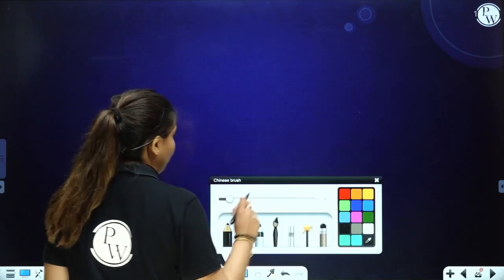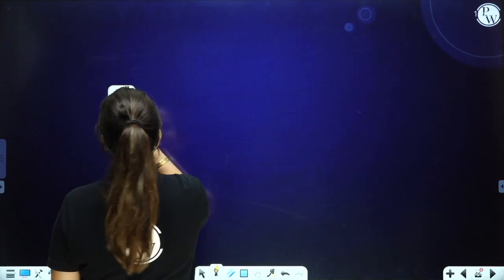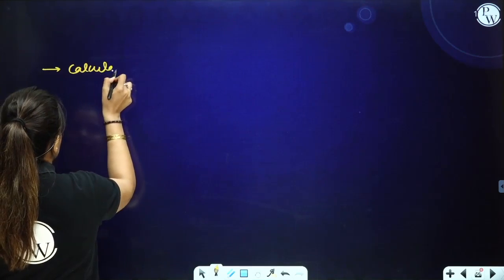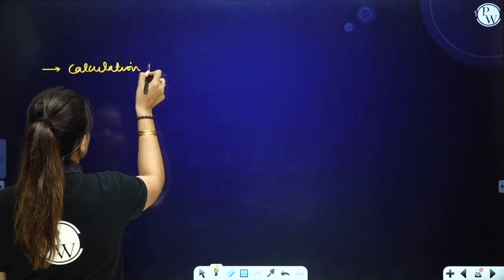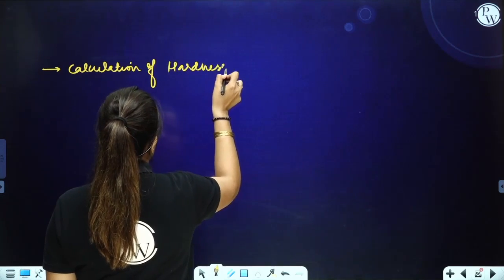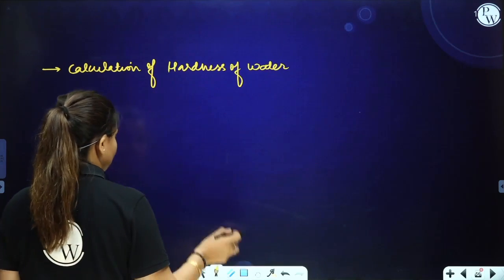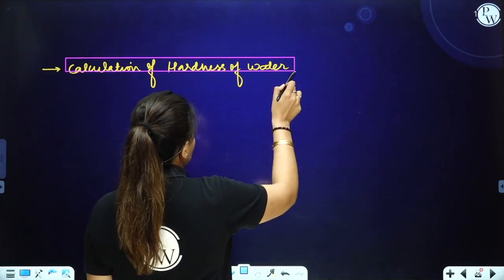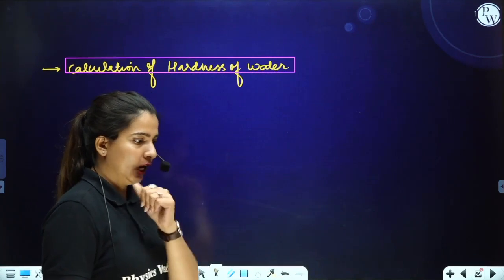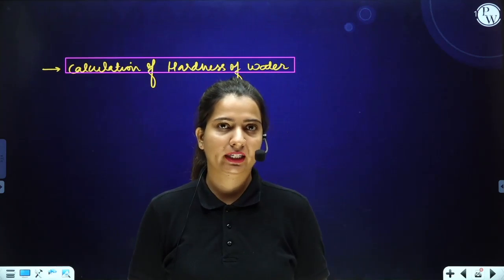So now we have to do the calculation of hardness of water.